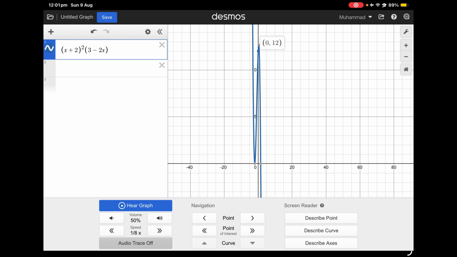Method. So this is what this sounds like. This is the slowest. So what are the points of interest?